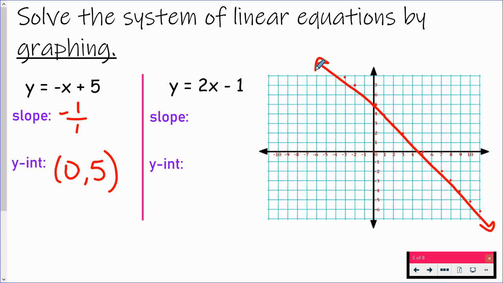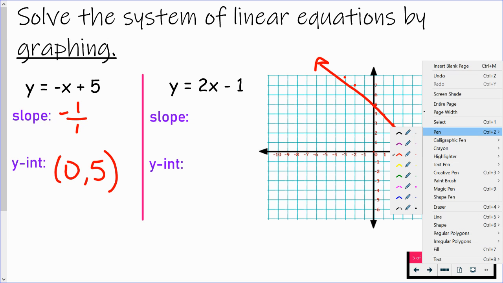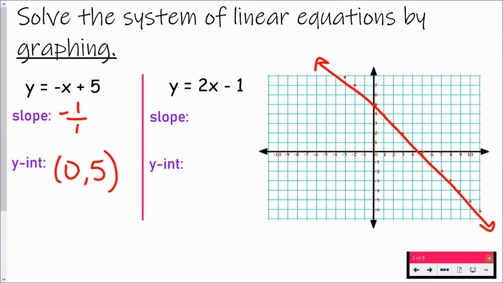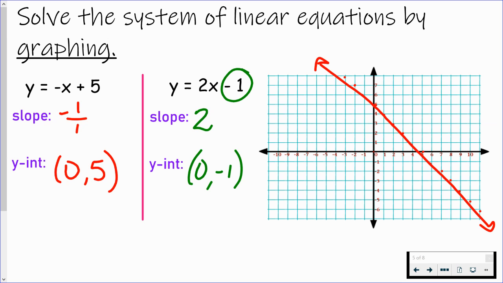Good. Okay, now what I'm going to do is change. My slope for my next one is 2, and my y-intercept is 0, -1. So I'm going to start at -1. Now my slope is 2, or 2/1. So I'm going to go up 2, right 1, up 2, right 1, ding, ding, ding, up 2, right 1, up 2, right 1.